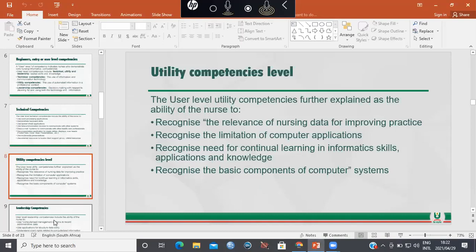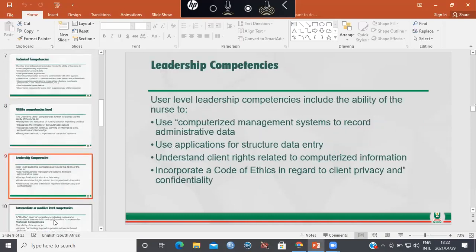Now we move to leadership competency level. At leadership competency, the user level leadership competency includes the ability of the nurse to use computerized management systems to record administrative data, use applications for structured data entry, understand clients' rights related to computerized information.